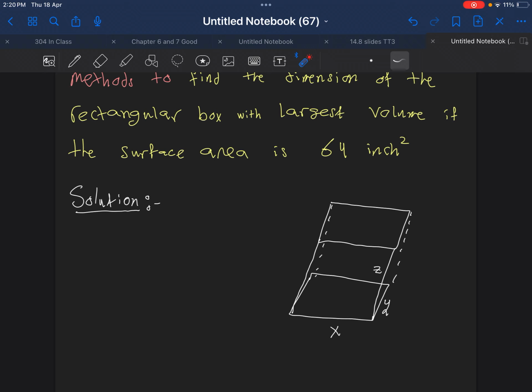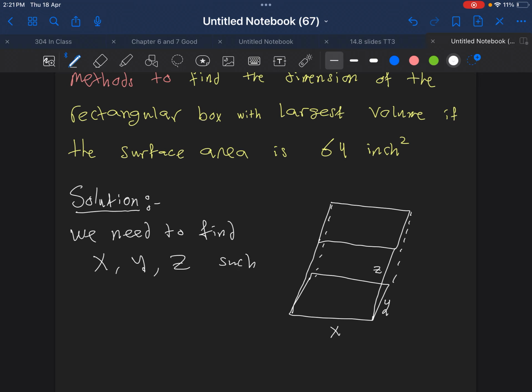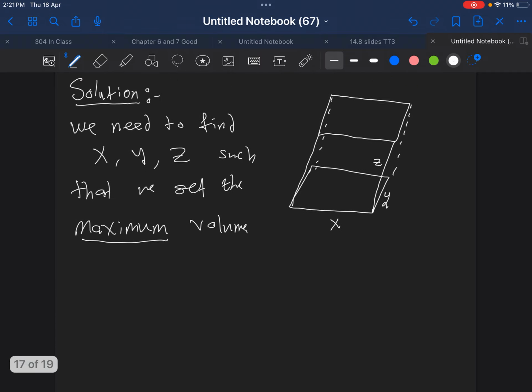So what we know here is that we need to find x, y, z such that we get the maximum. Remember, largest will translate into the maximum volume.